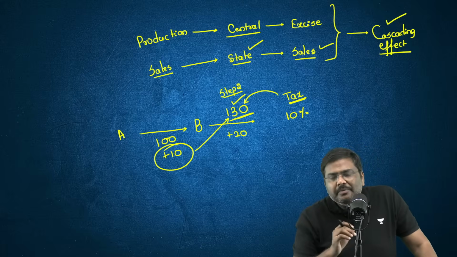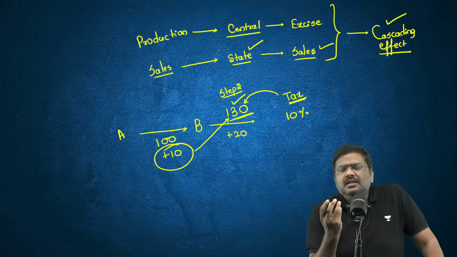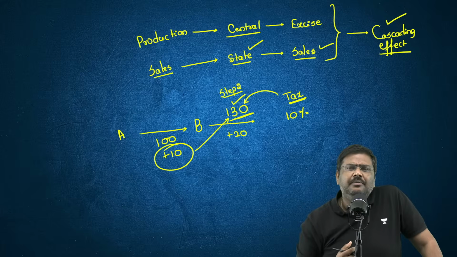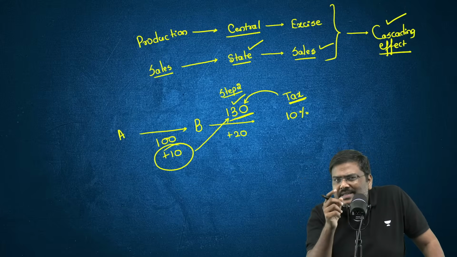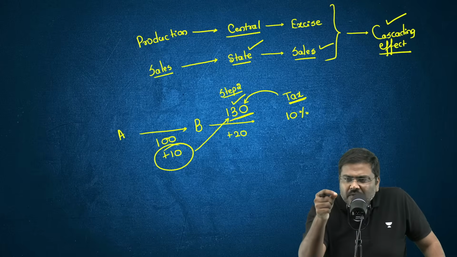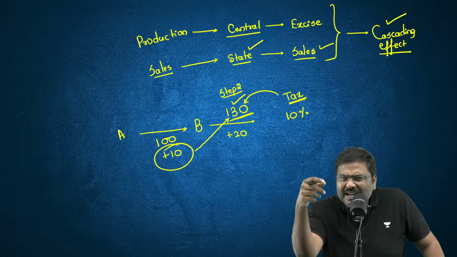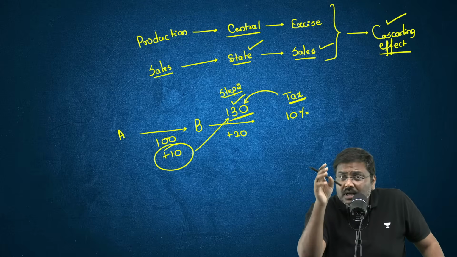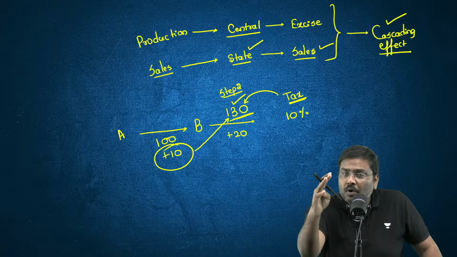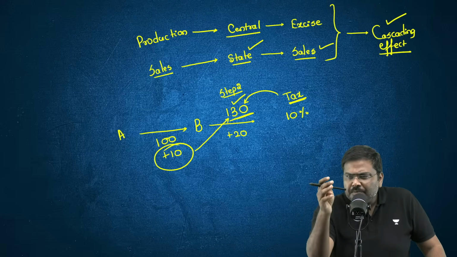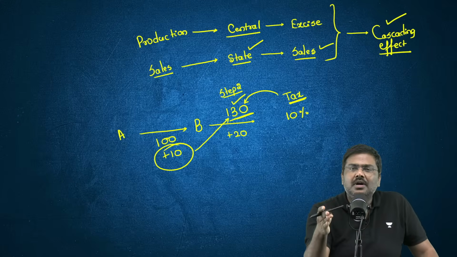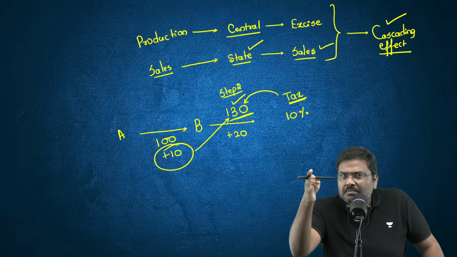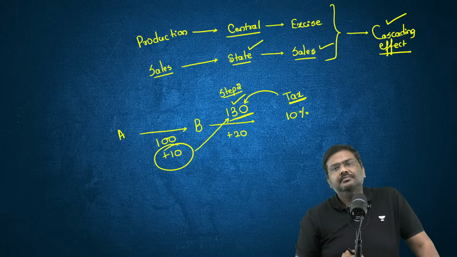And by the way, some of you might be thinking, "Sir, why is the consumer bearing this burden? Why should the consumer pay the taxes?" My dear, please remember this. Whenever manufacturers pay any kind of indirect taxes during the course of production, they will simply transfer the burden to the consumer.